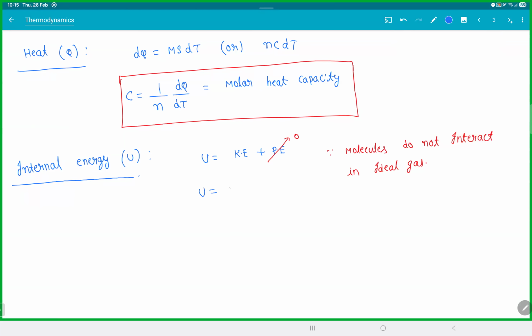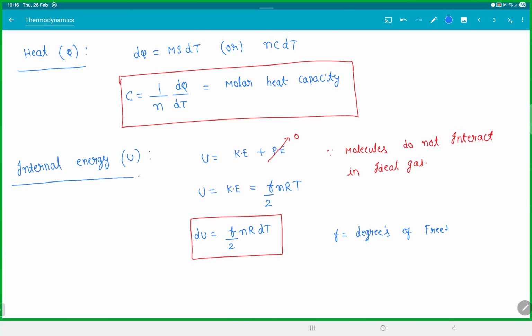So we get U is equal to kinetic energy is equal to f by 2 nRT. So the change in energy dU will be f by 2 nR dT. This is your internal energy. This is your second formula, everyone. That's what I'm saying. The KTG, calorimetry, everything laid the foundations for this.